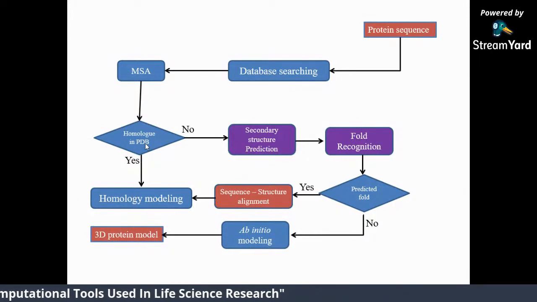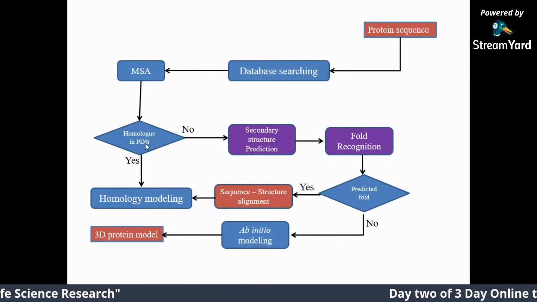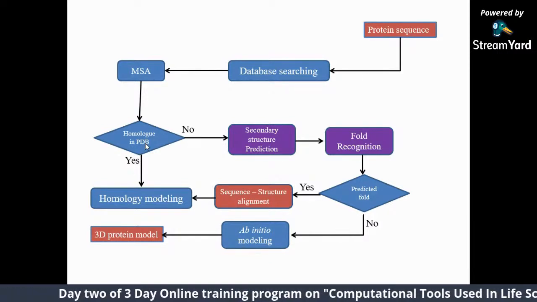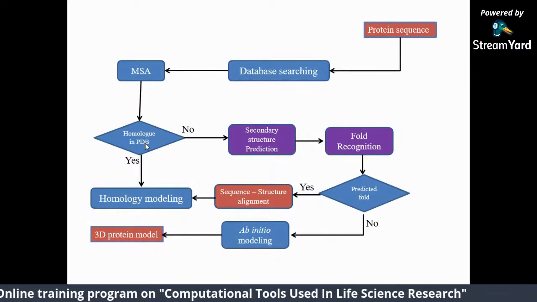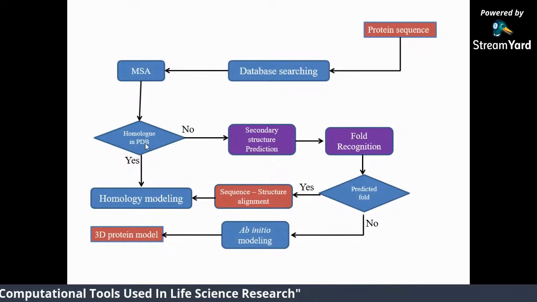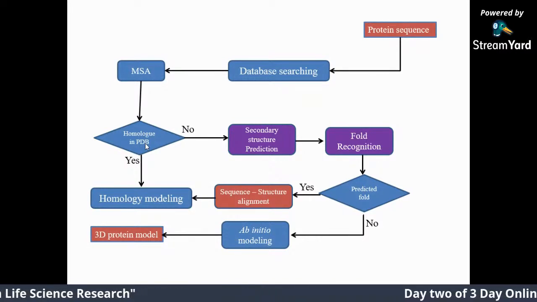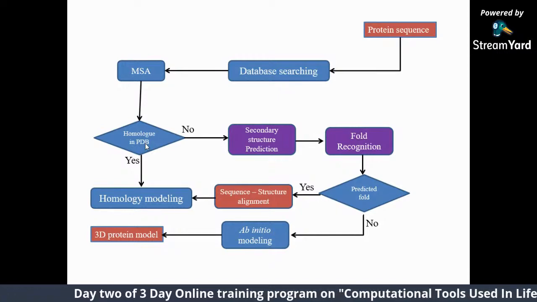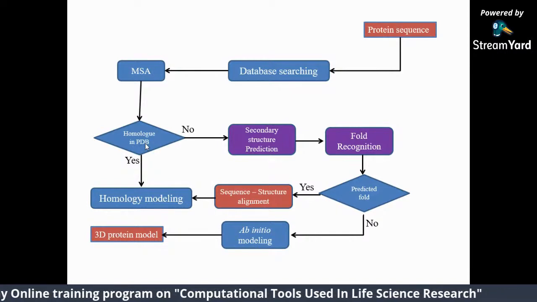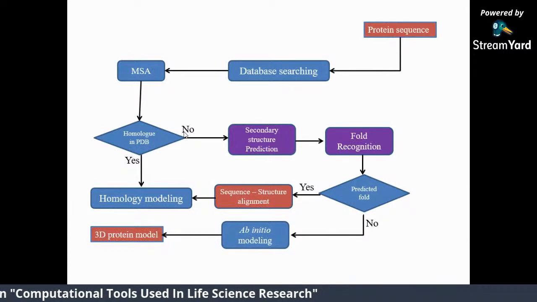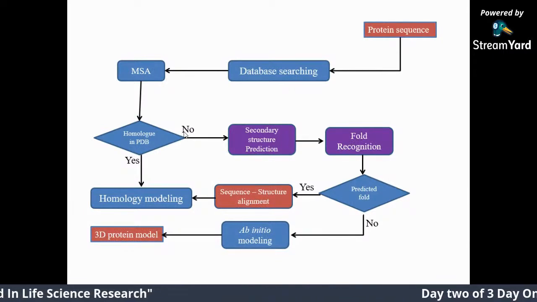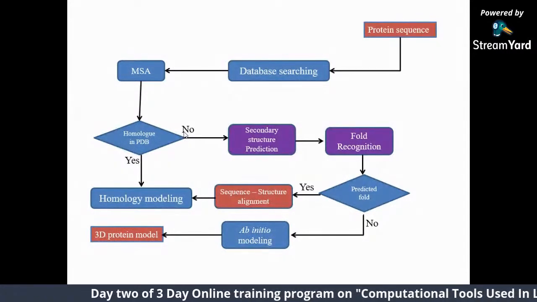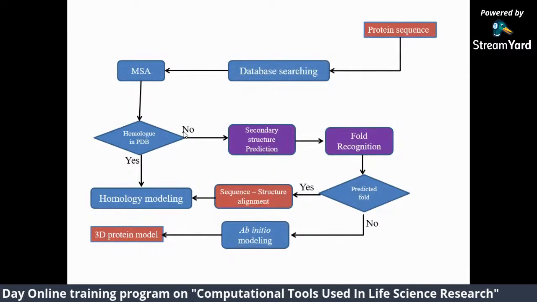And if we don't get a proper homolog, that is, the similarity percentage is not more than 40%, then we have to first predict the secondary structure of the protein from the existing data, and then we'll go for further steps. If the similarity is less than 40%, that means there is not enough homolog in the database.